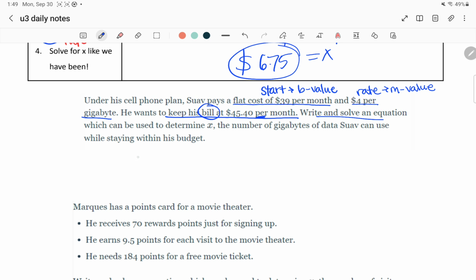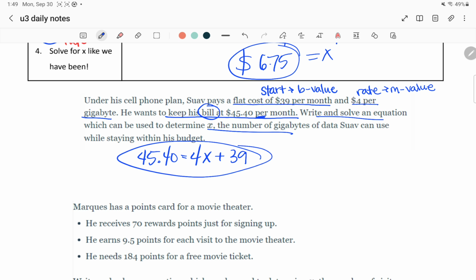You're going to solve for x. So my total was $45.40 equals, my rate was $4 per gigabyte. Gigabyte is x, plus the flat cost, $39. And from there I would solve for x. Please show your work. I got x to be 1.6.